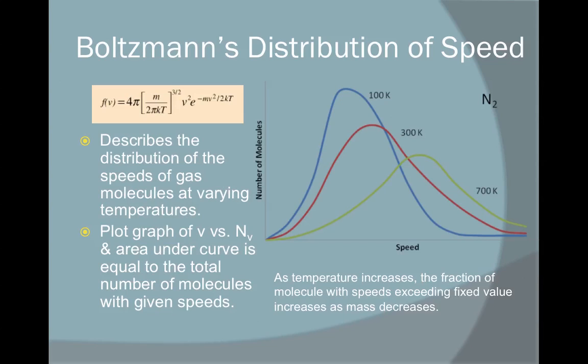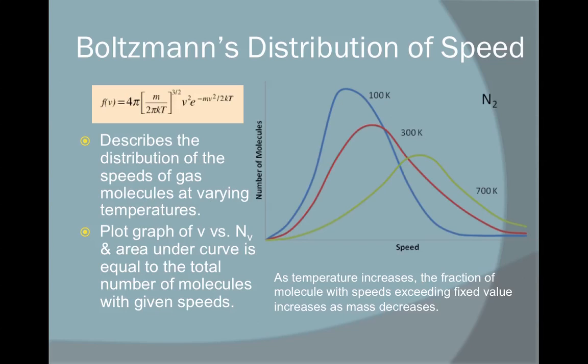When you make a graph of the velocity versus the number density of the molecules and you integrate it, taking the area under the curve, that is equal to the total number of molecules with the speed in that given range. Looking at the graphs, we can see that as the temperature increases, the area under each of the graphs becomes greater, so more molecules have a higher speed.